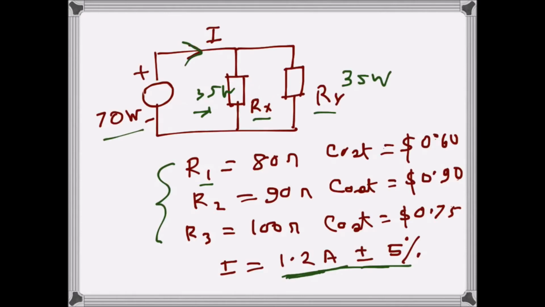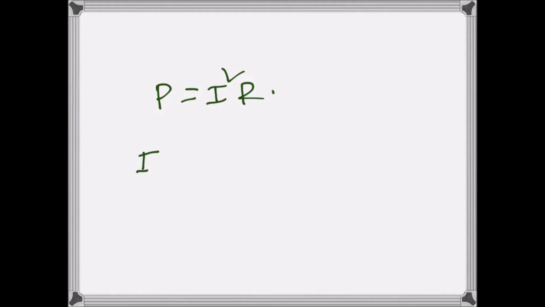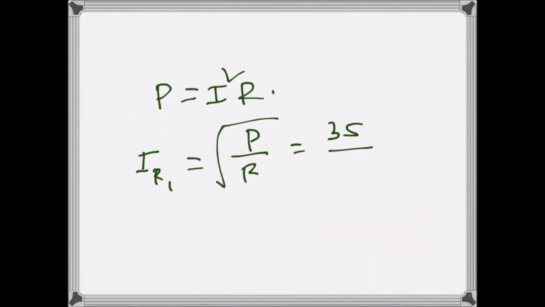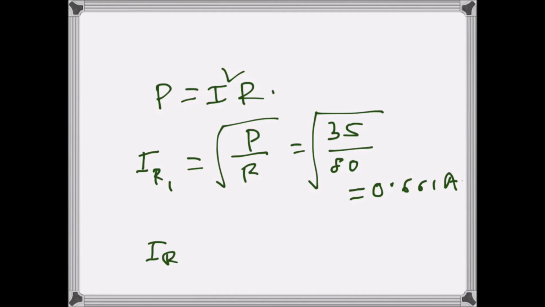So P is equal to I squared R. So if we use R1, IR1 will be the square root of P over R. So that's the square root of 35 over 80 ohms. So that's 0.661 amps.